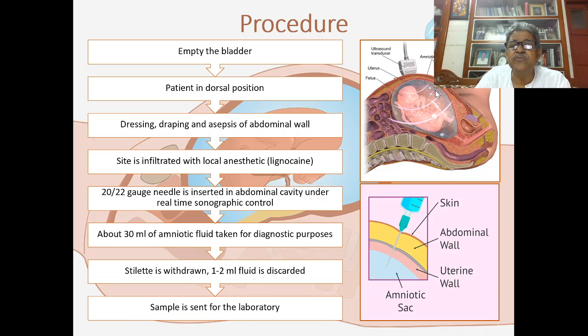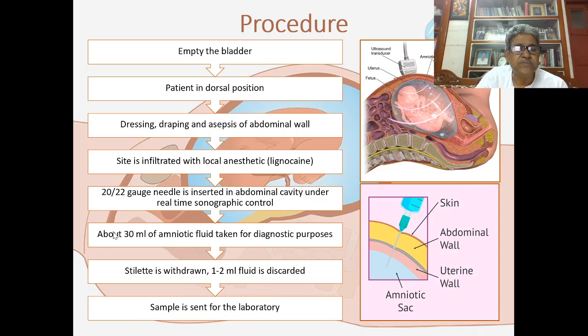The needle should be inserted where the space is much larger. If you insert here, that may injure the baby. If you insert here, that may rupture the head of the baby. So exactly in this figure, that is the suitable space for collecting the amniotic fluid. The ultrasonography transducer helps in detecting the position and size of the embryo.